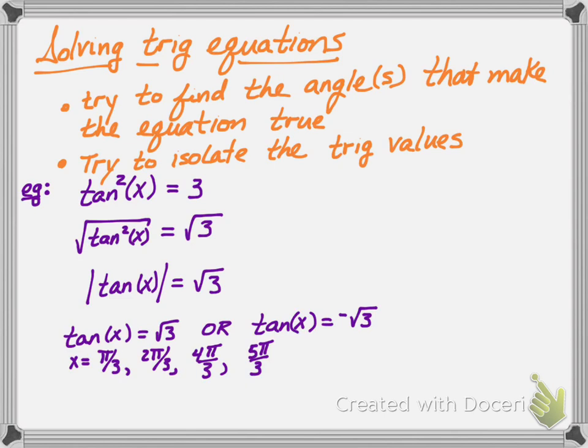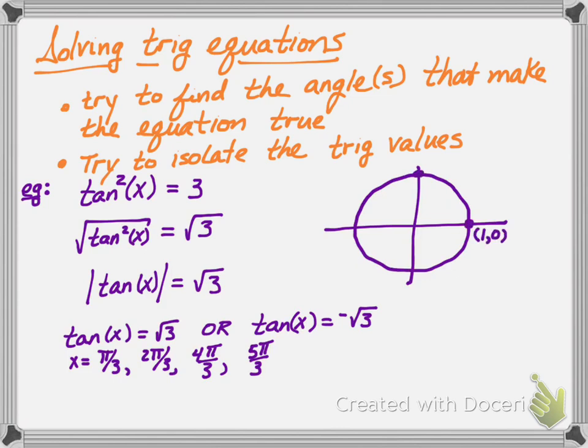And you might be saying, hey, how do we know those things? Well, it's important for us to know the trig values for all those common angles. In this section, the problems are going to be set up to relate to those nice angles. So here's our unit circle.